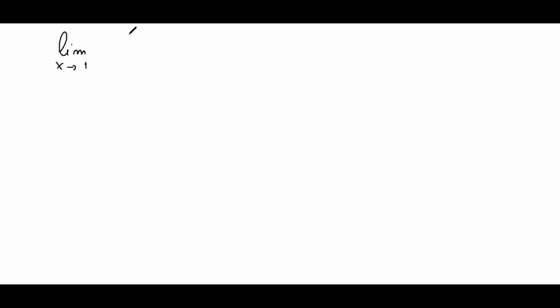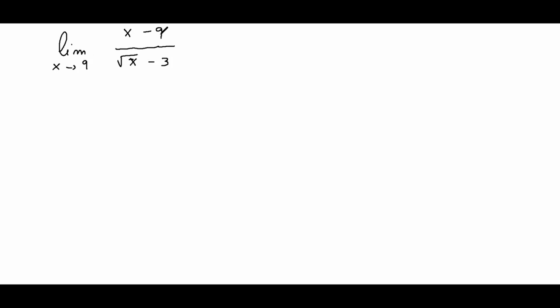Limit as x goes to 1 of, over here, I would have square root of x minus 3. Actually, you know what, I'm going to change the limit here. Instead of x goes to 1, apologies, folks, x goes to 9. So square root of x minus 3, and over here, x minus 9 at the top.